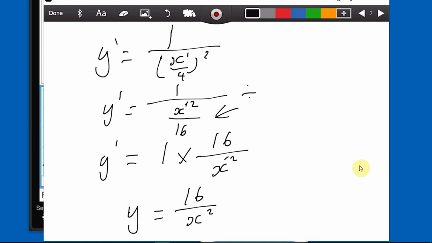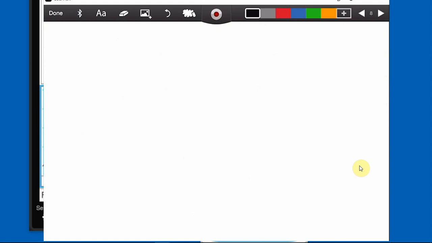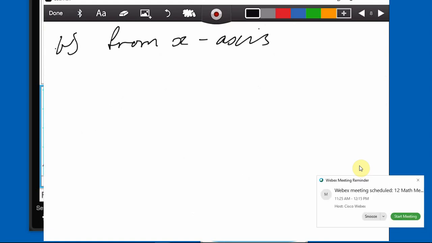All right. The next part B says from the X-axis. So remember what changes when we go from the X-axis. So from the X-axis, what changes?